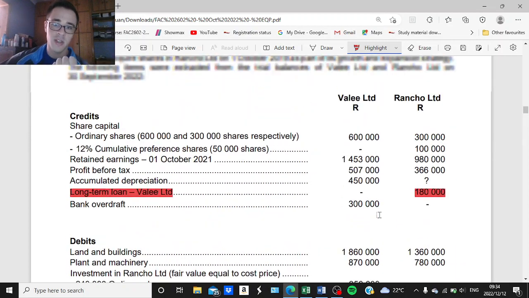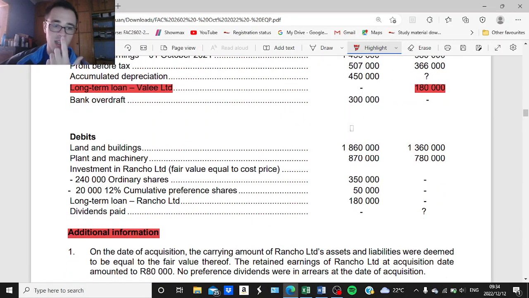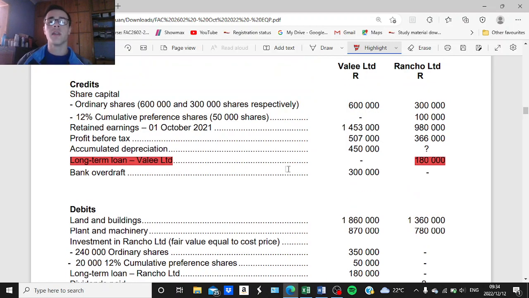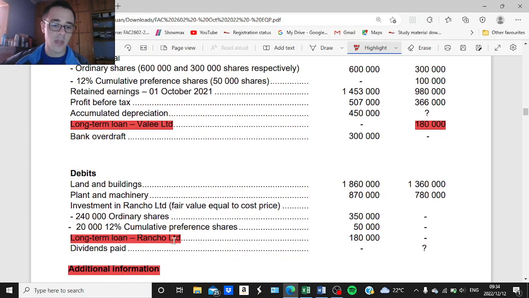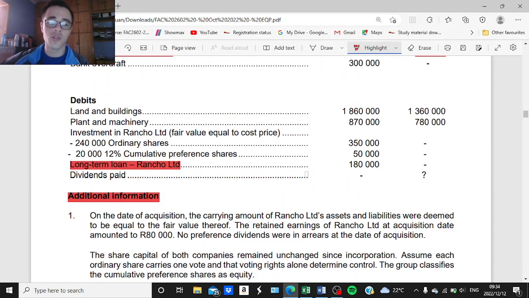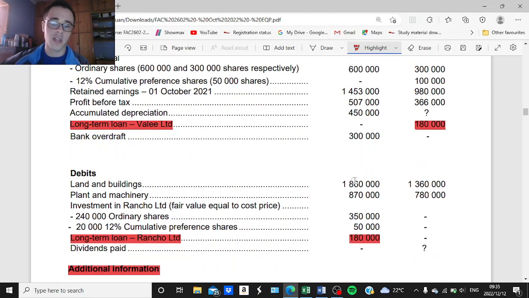So therefore, it will be shown as a non-current liability to the value of 180,000. So in the parent's records, it will be shown as a non-current asset because the loan amount is receivable from Rancho Limited. So in the debit section, you will also find the long-term loan, which was granted to Rancho Limited, and it is also shown at the value of 180,000 in Valley Limited's records.